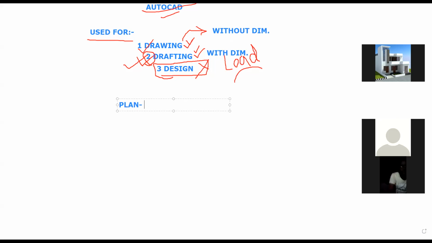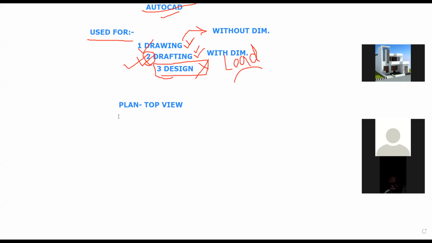Plan means the top view of the structure. If it is said that you have to plan something, it means you have to make the top view of it. For example, if they say I need a plan of my building, you have to remove the topmost layer of the building, that is your roof, and show them where your walls and other rooms are, divided by the partition walls, and so on. So this is what plan means.